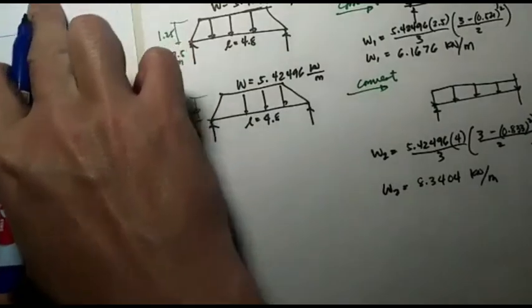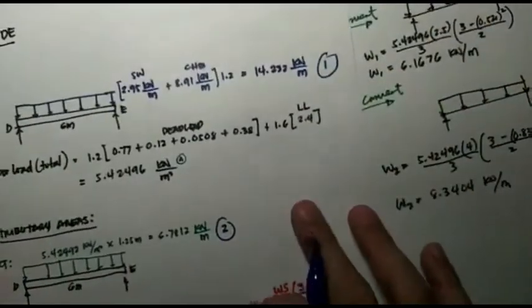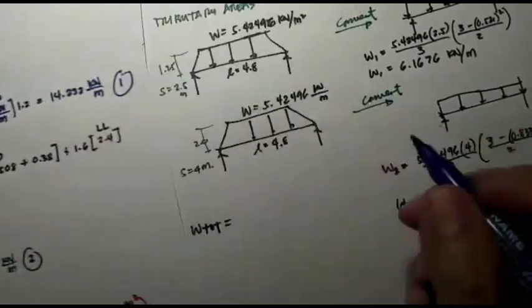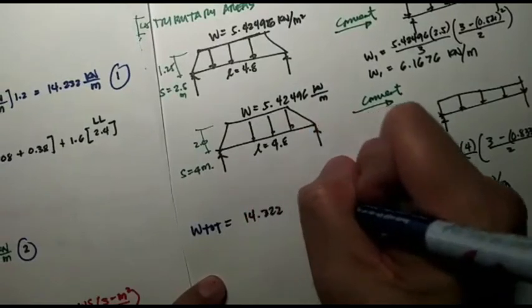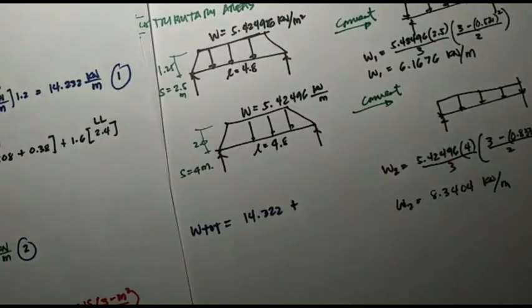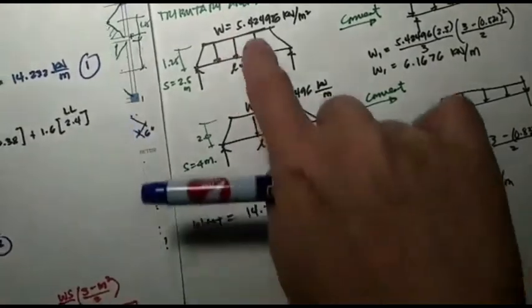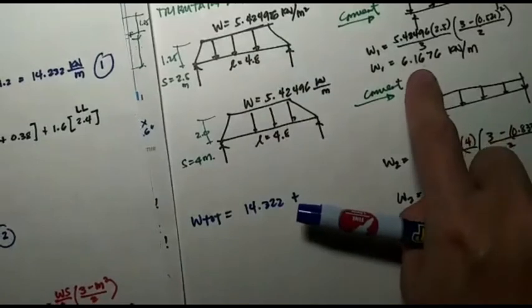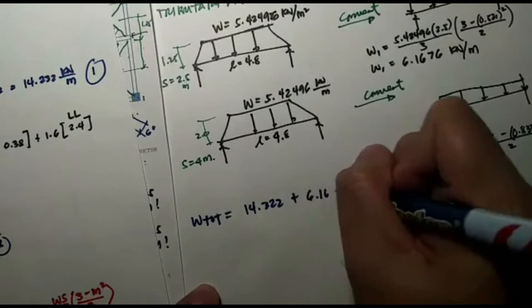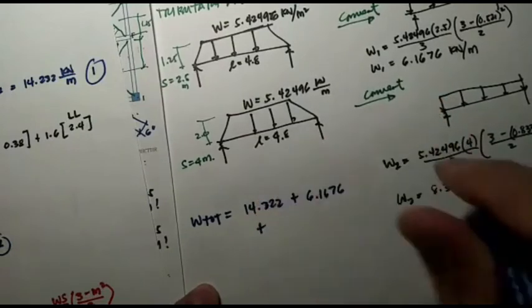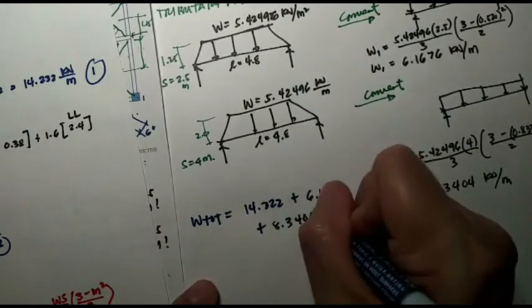So we have the 14.322, then yung dalawang trapezoid, so we have the 6.1676 plus yung pangalawang trapezoid 8.3404.